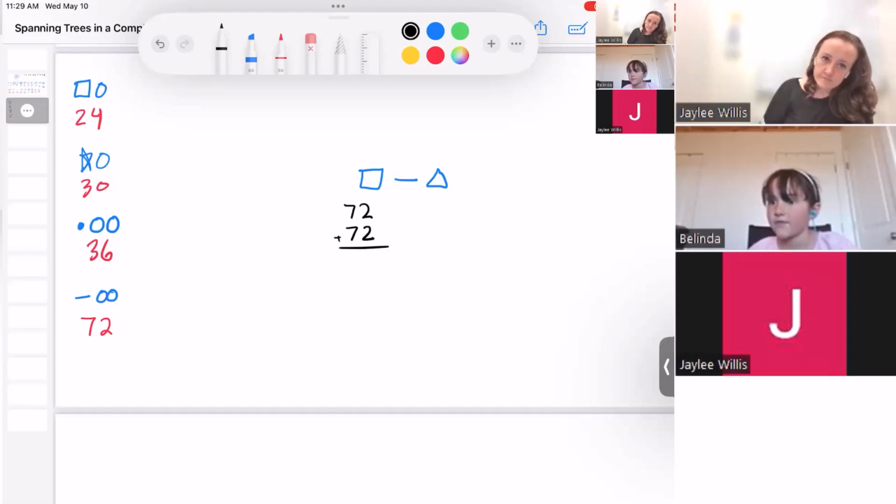Okay, 7 plus 7 is 14, and then 2 plus 2 is 4. So we would get 144 from that. And then line T is just added on. Wait, how much is line T?